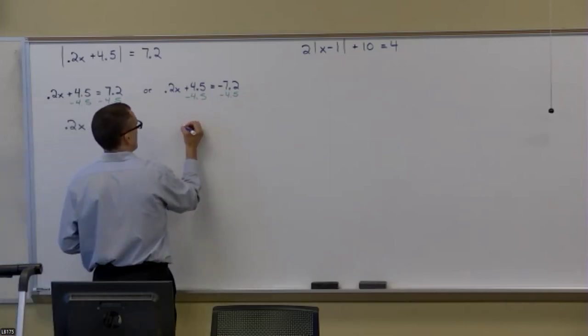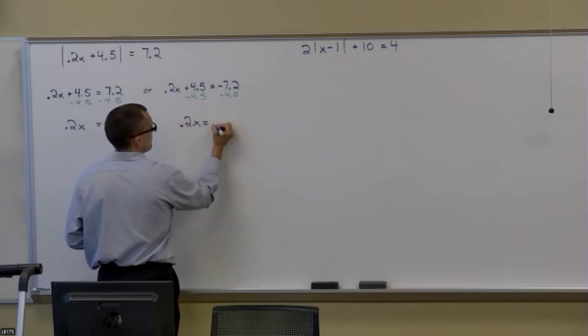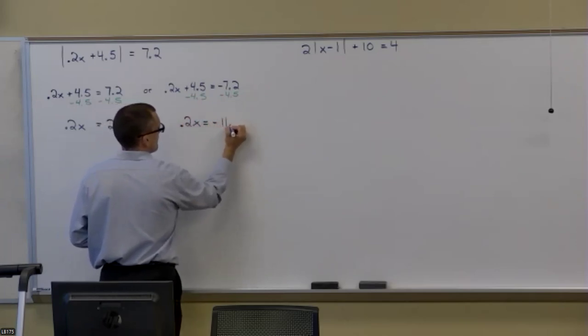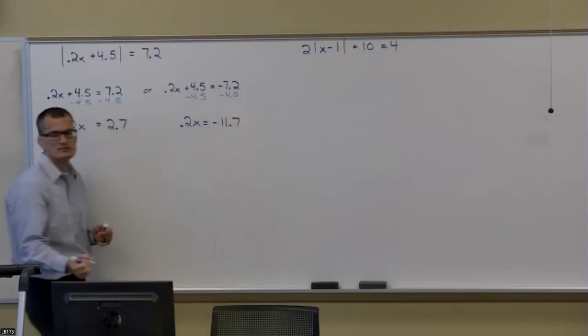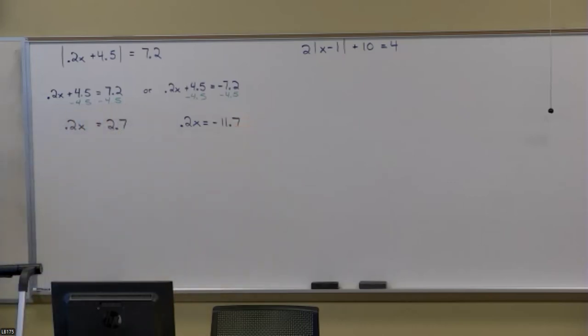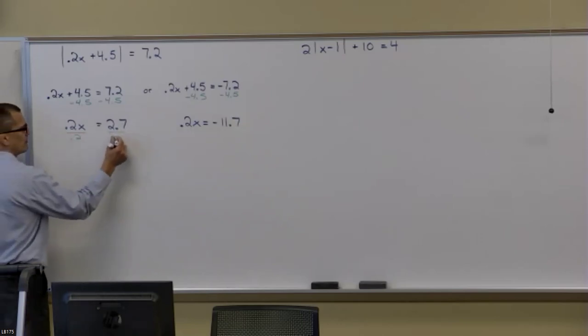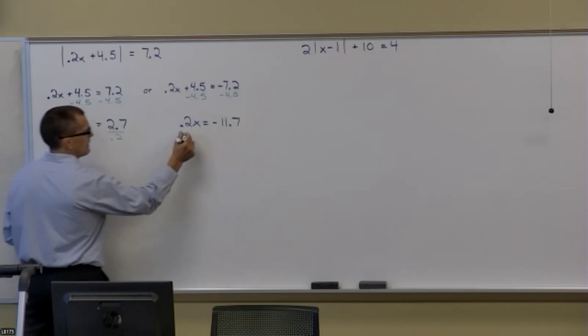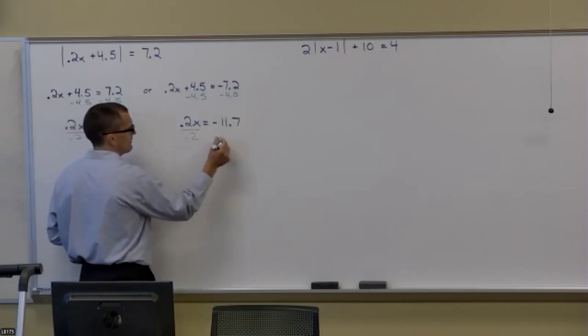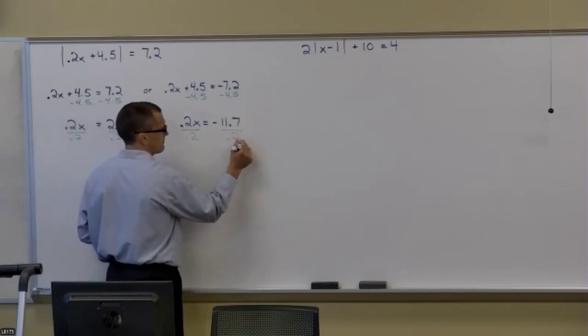The other one, I end up with 0.2x is equal to negative 11.7. And then I would divide both sides by 0.2. If you feel more comfortable solving one at a time, you can solve one at a time. That's not a big deal.